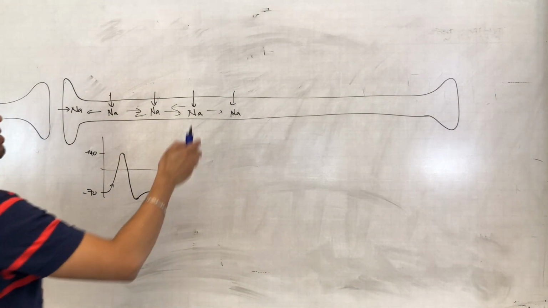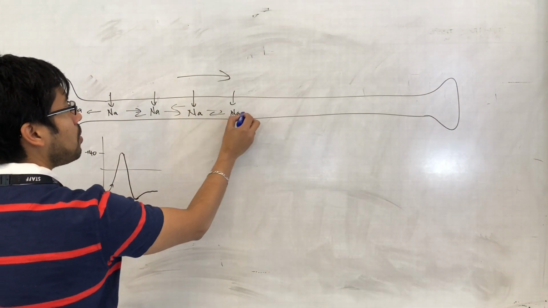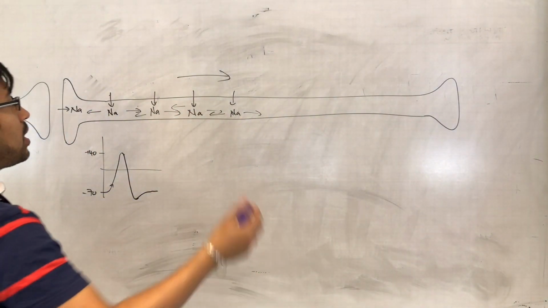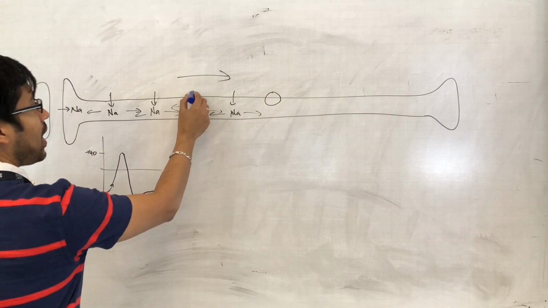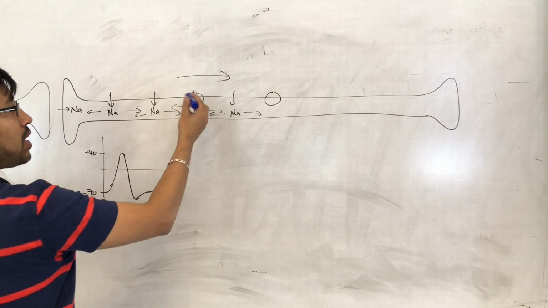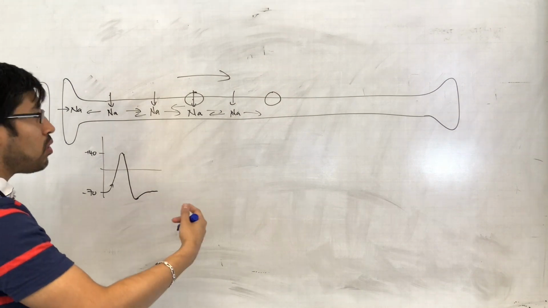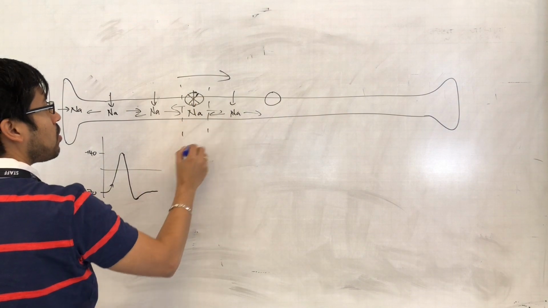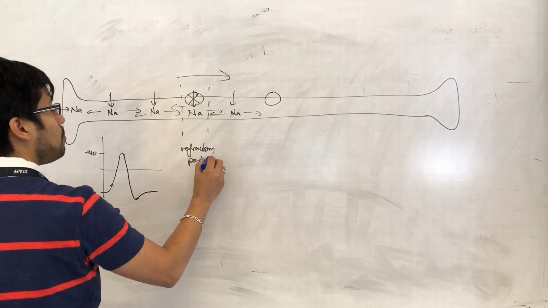One of the things that comes up often is, why does the impulse move in that direction? If the sodium comes in and can diffuse in both directions, why doesn't the impulse move in both directions? The reason is that while you have voltage-gated sodium channels on both sides, the ones behind have recently opened and then closed because of the events of repolarization. Once they are closed, they go through a period known as the refractory period.